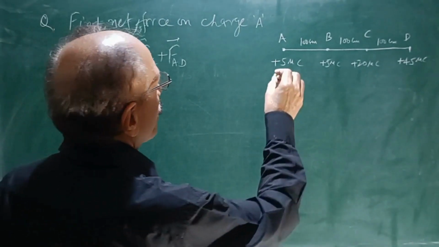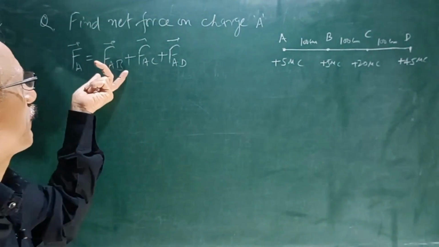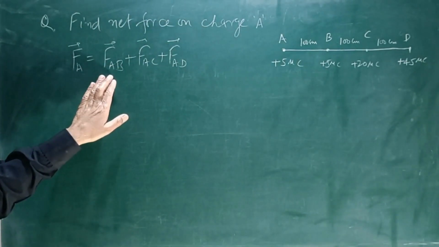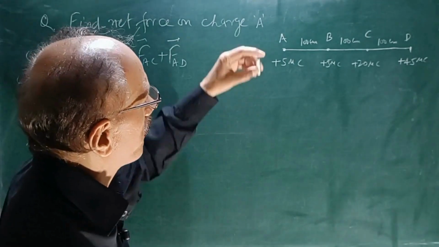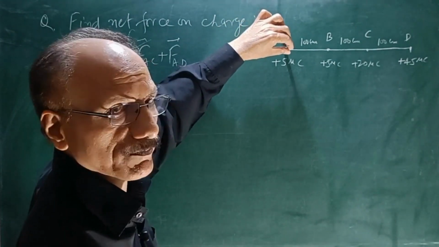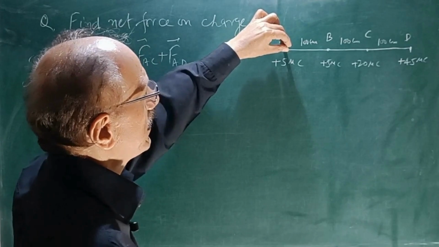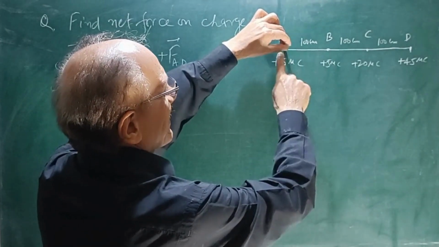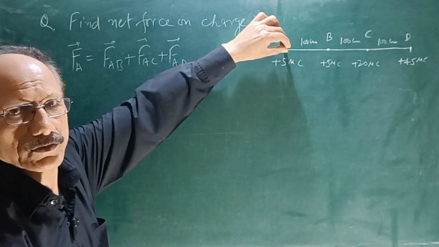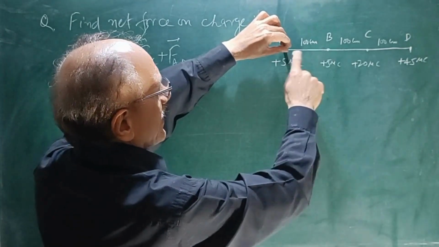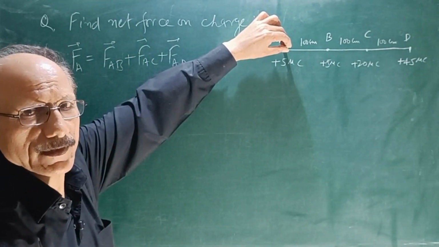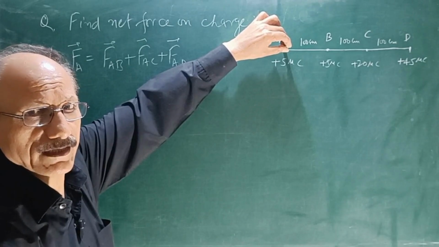If we try to find out the direction of the force FAB, we have to keep our pen at the location of the charge A and then see whether this B will attract it or repel it. So here B is attracting or repelling? Just think.